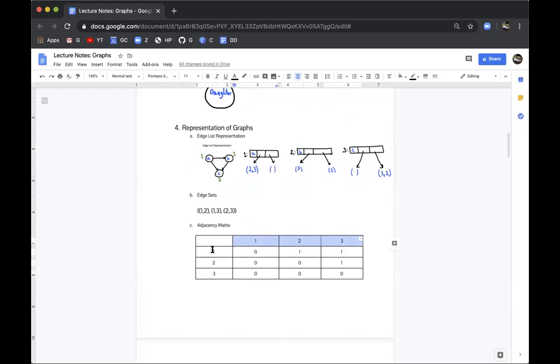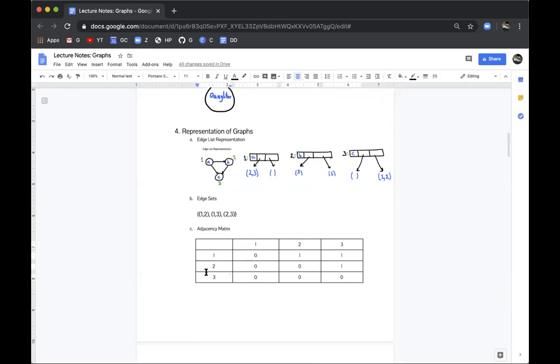If there is an edge from 1 to 1, then this would become 1, but there's no circular edge, so 1 to 1 is 0. But 1 to 2 there is a link, so this is 1, and 1 to 3 there is a link, so this is also 1, and so on and so forth. So 2 to 1 there is no link, 2 to 2 there is no link, but 2 to 3 there is a link, and so on and so forth for 3 as well.